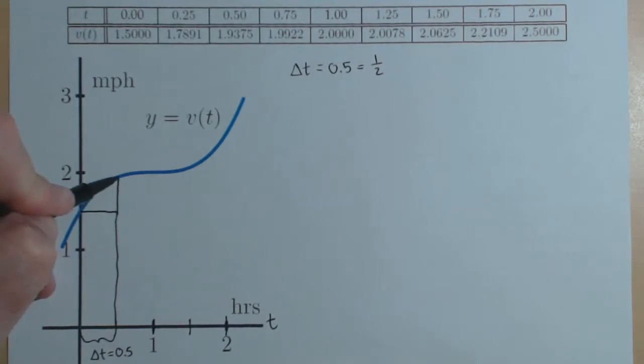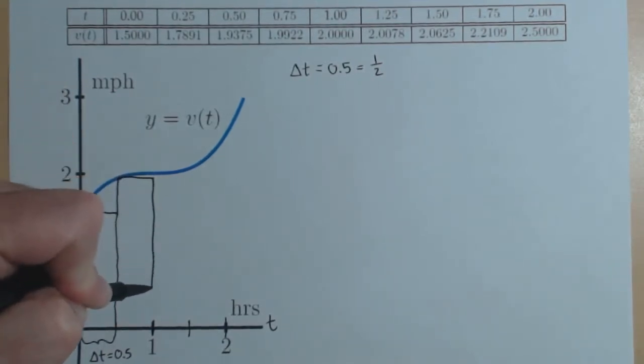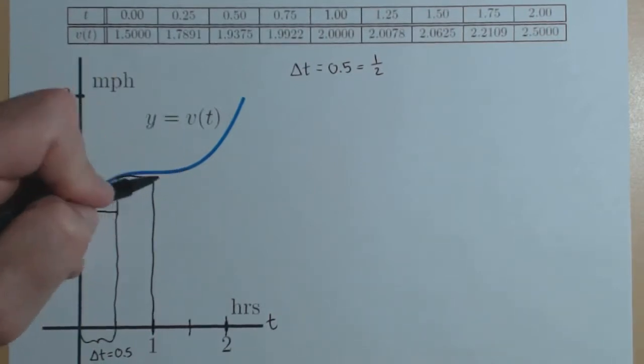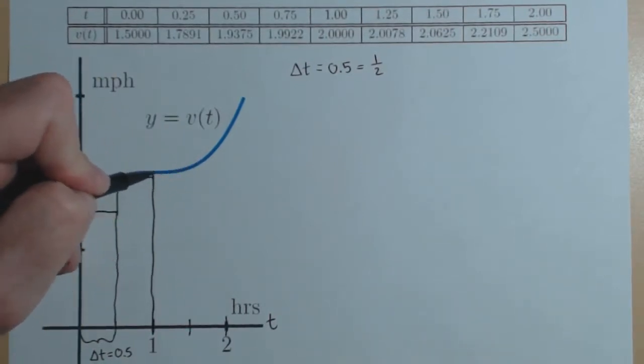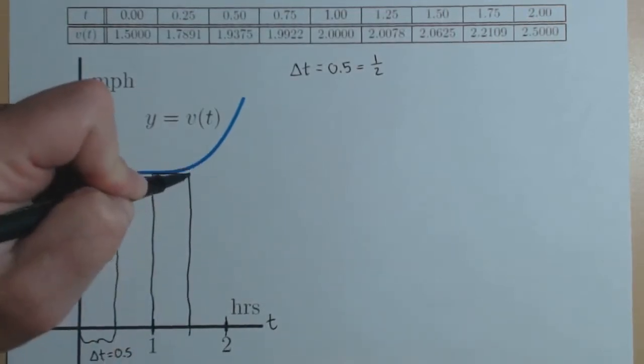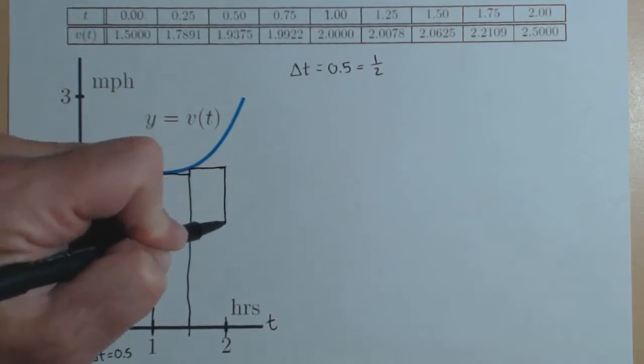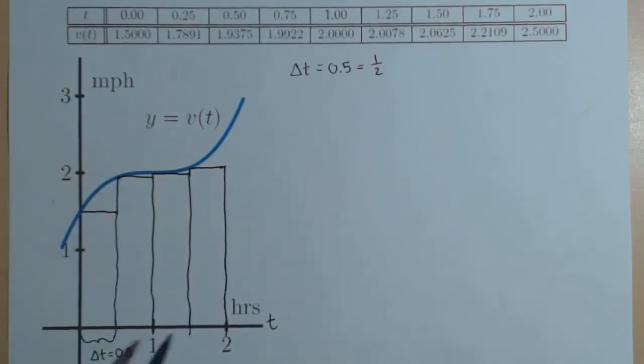I'm going to draw another one up to the function and then across until I hit 1. Here's another rectangle, and I come across and down. And I'm going to draw one more rectangle here. So breaking up the interval from 0 to 2 with a delta t of 0.5 leaves us with 4 rectangles to estimate the area.